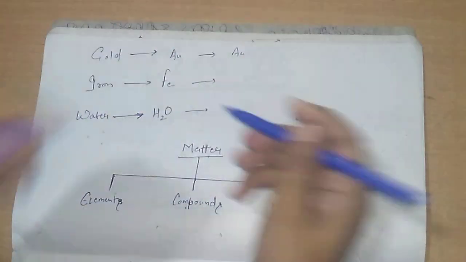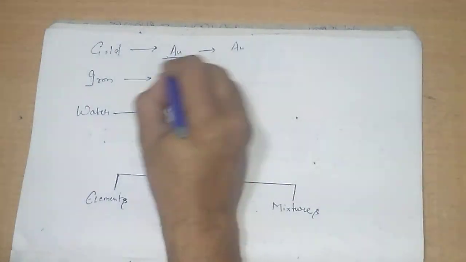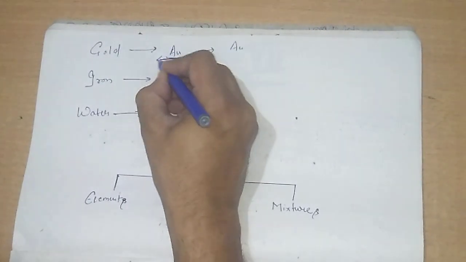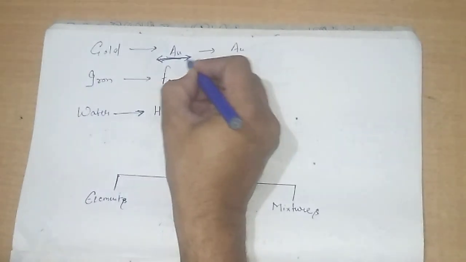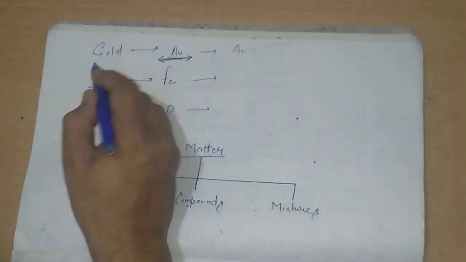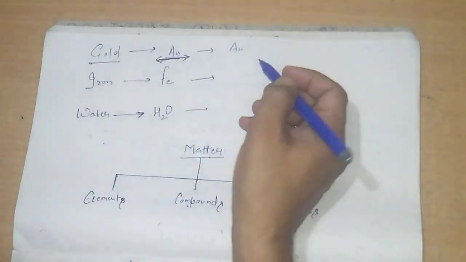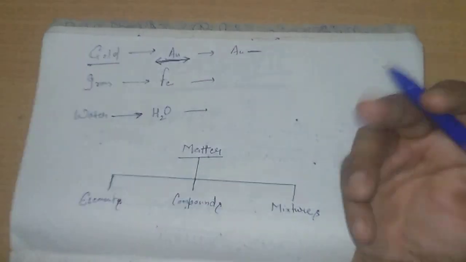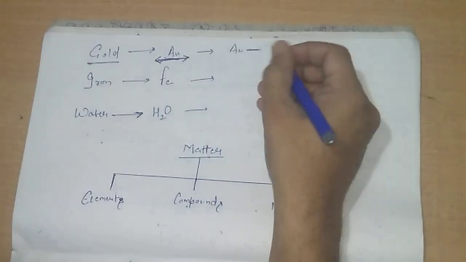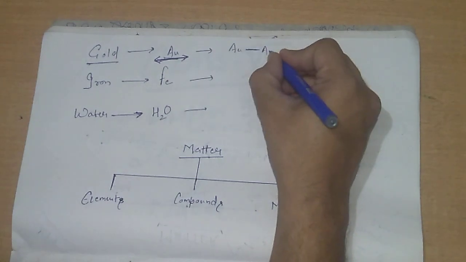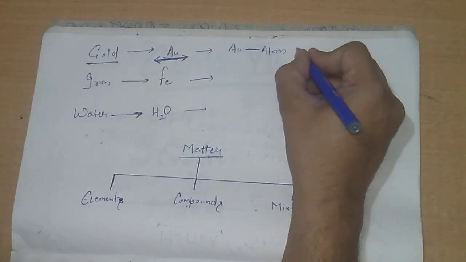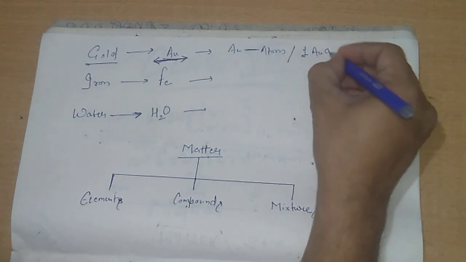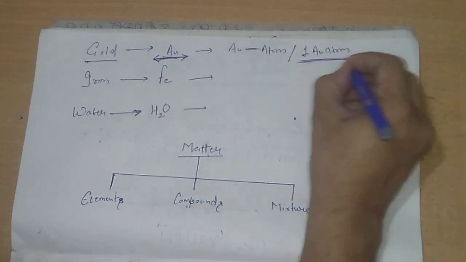So the chemical symbol, the scientific symbol through which scientists used to know it, the chemical symbol of gold is Au. So any gold ornament, any gold object is made up of Au atoms.